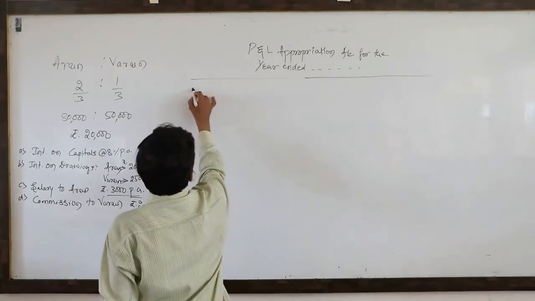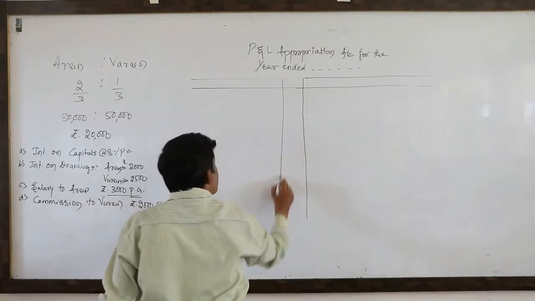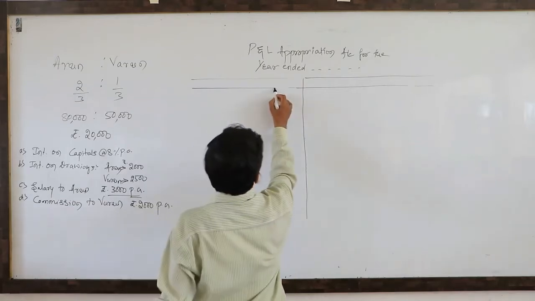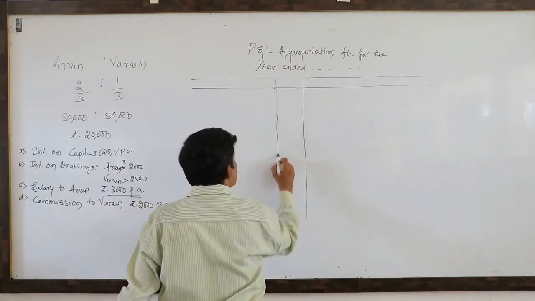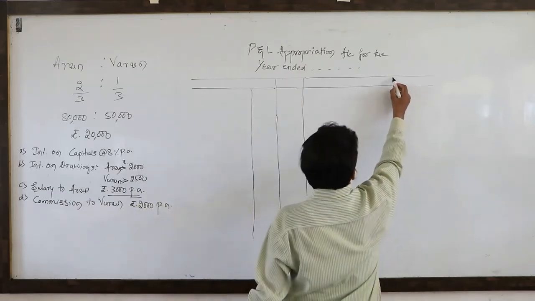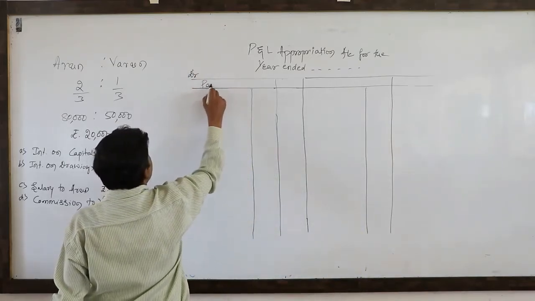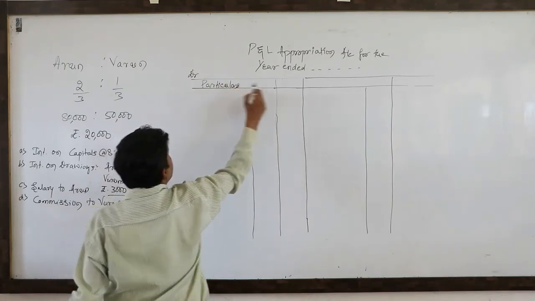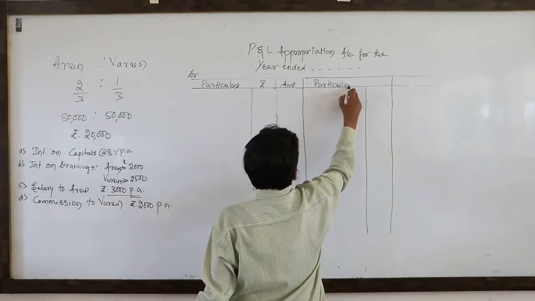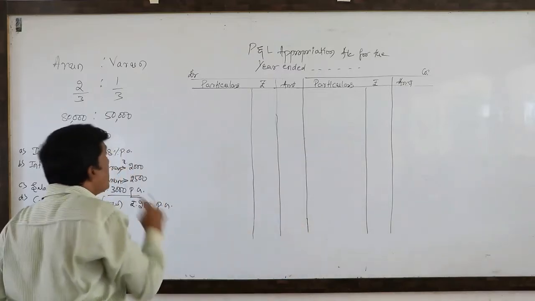Again I am drawing the table, which contains two sides: debit side, particulars, rupees amount, and this is the credit side.